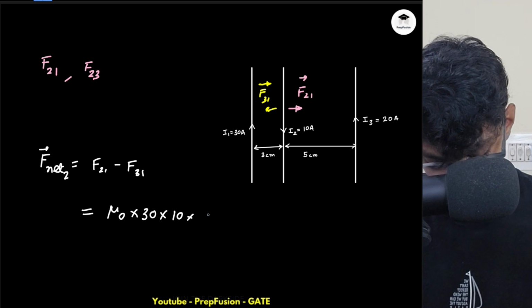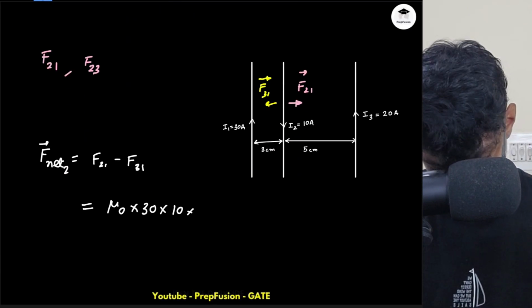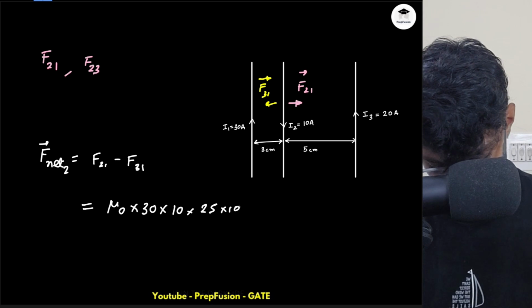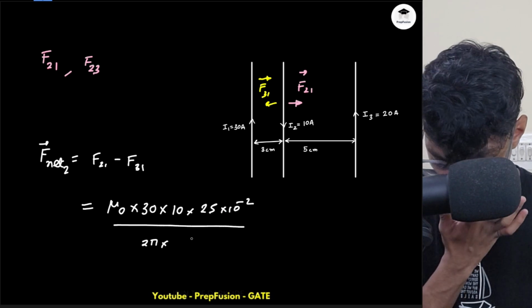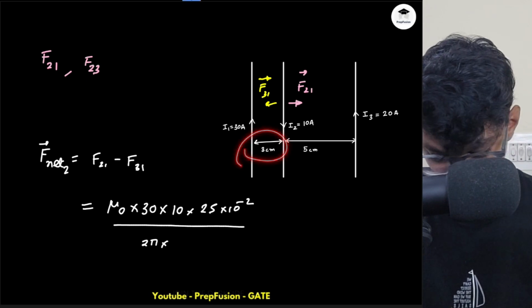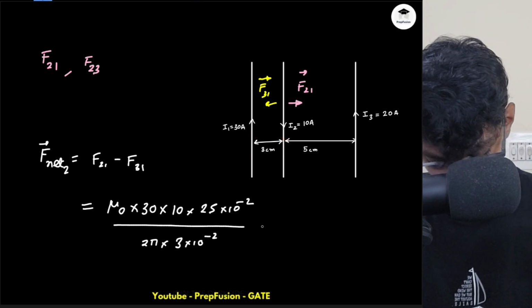The length they have told me is 25 centimeters, so 25 into 10 raised to power minus 2, divided by 2 pi. The distance is 3 centimeters, so centimeter gets cancelled: 3 into 10 raised to power minus 2.